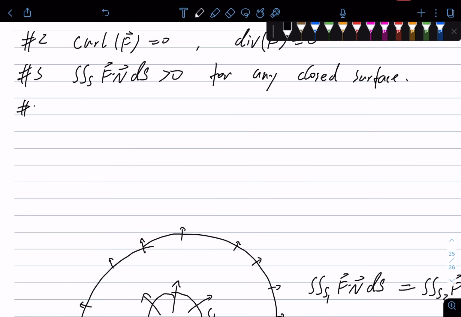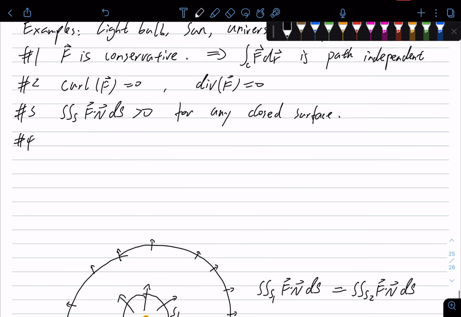Number 4 is that the divergence theorem does not apply, or is not valid, at the origin. Okay, so this is a really big deal. Why is that?